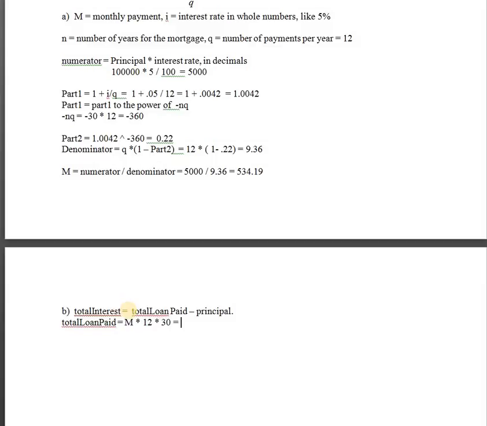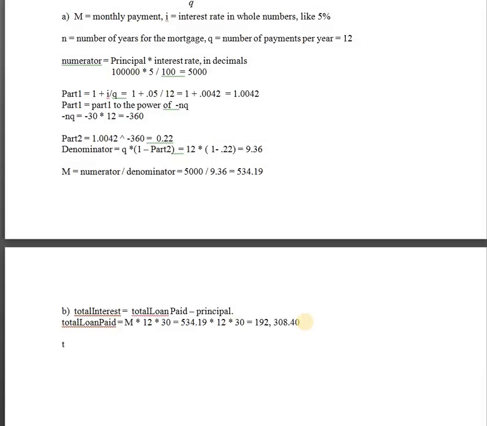And that's how much money you're going to pay on $100,000, which is $534.19 times 12 times 30 for a grand total of $192,308.40. So that's almost twice as much as your principal.